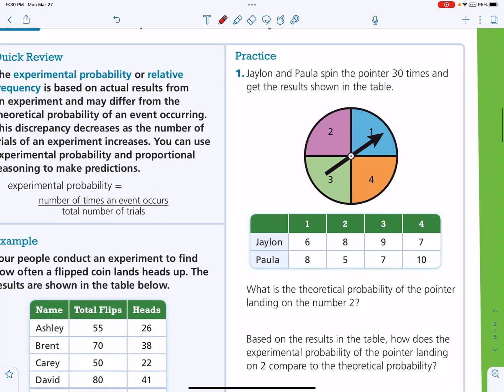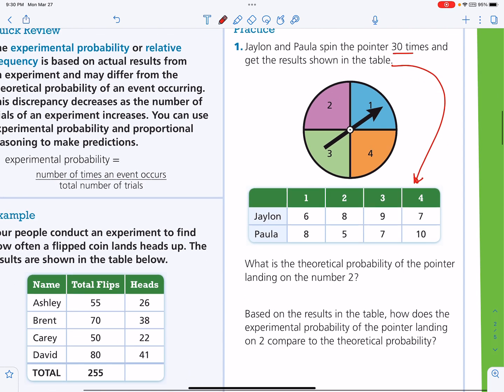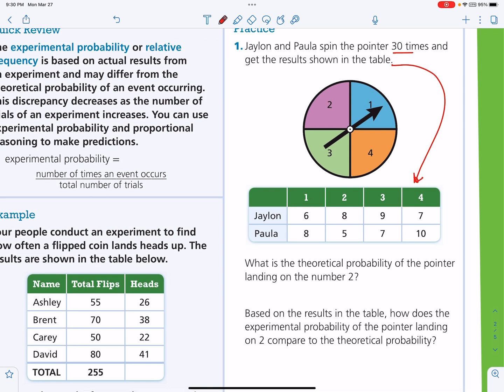So we have Jalen, maybe, and Paula spin the pointer 30 times. So that's good information to know, and get the results shown in the table, which is here. Okay, so obviously if I add all those up, they're going to add up to 30. What is the theoretical probability of the pointer landing on a number 2? So theoretical, meaning what should happen.